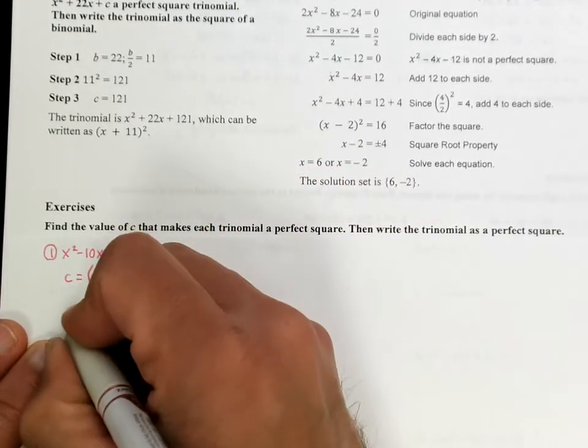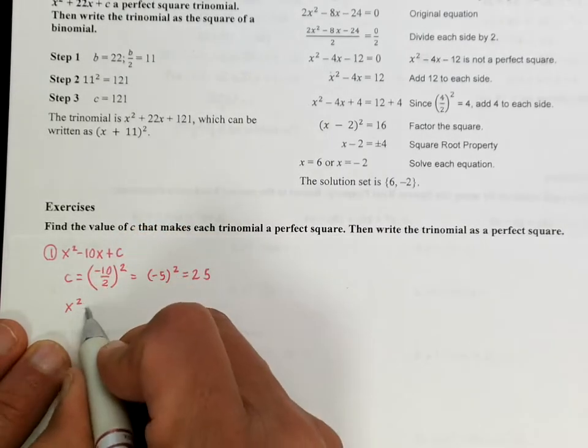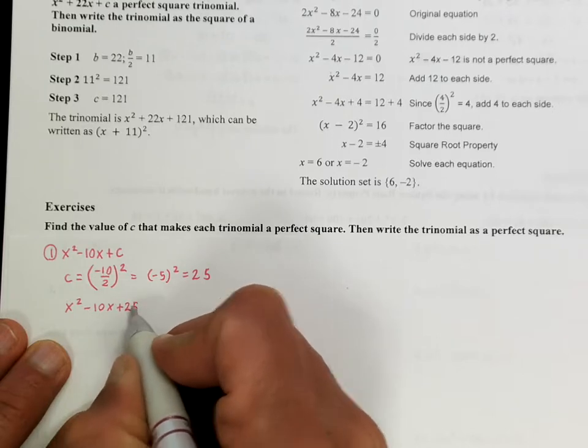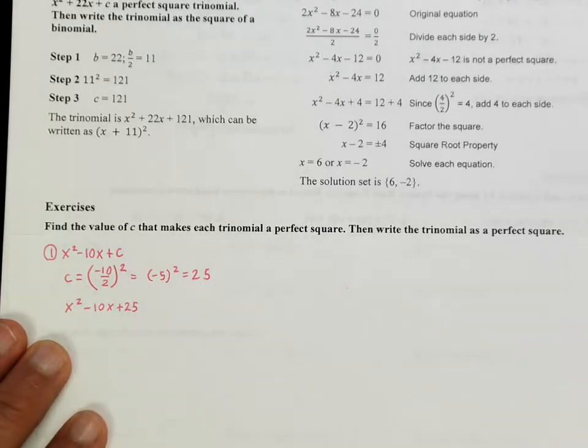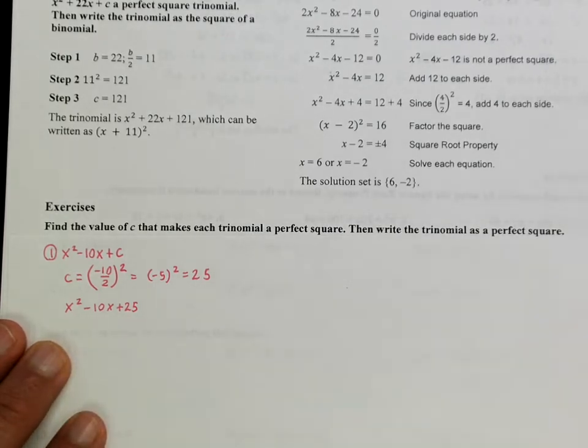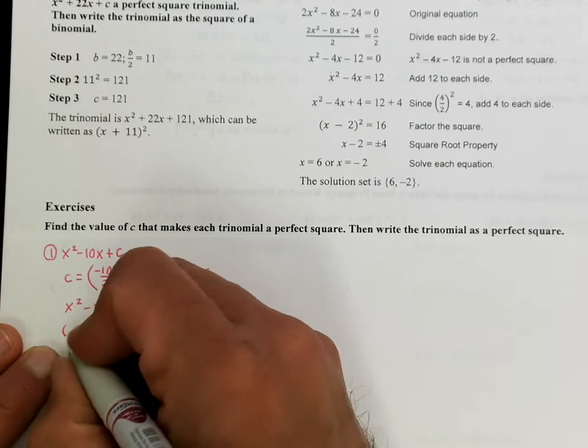Now I'm going to replace that c with a positive 25. The next step is they want us to write this trinomial, called a trinomial because I have three terms, as a perfect square. To do that, think about factoring this.